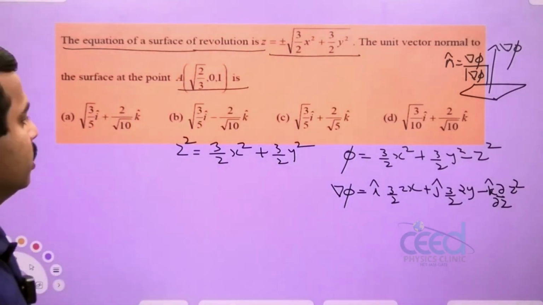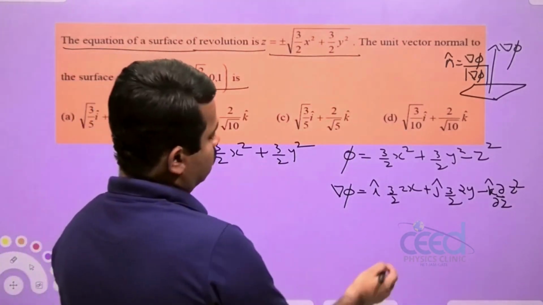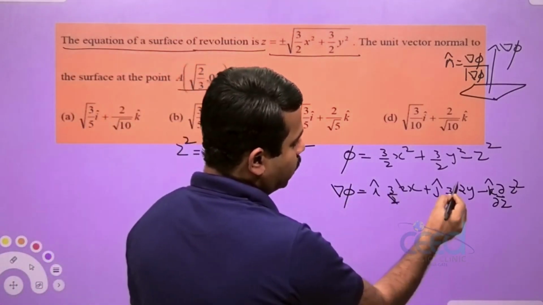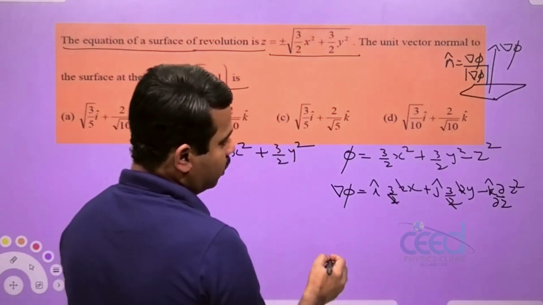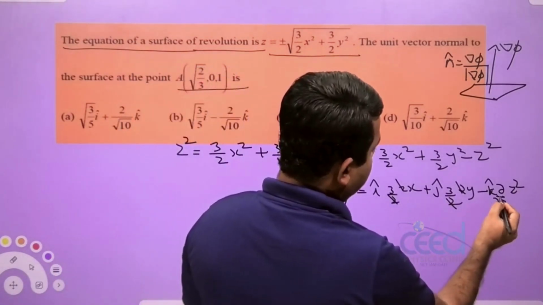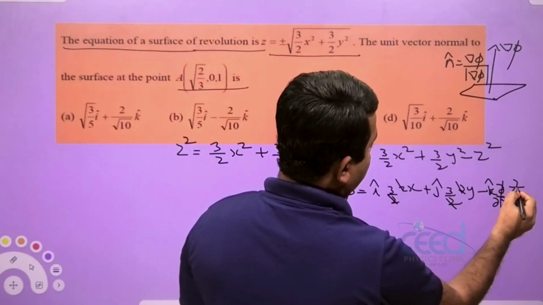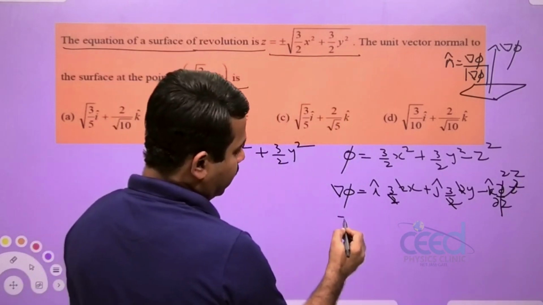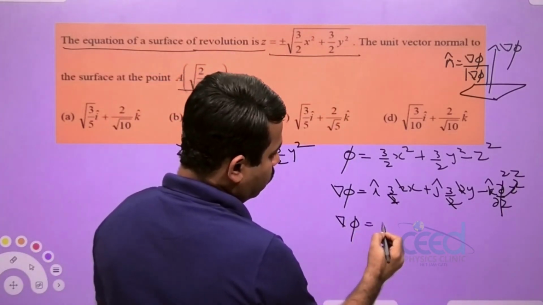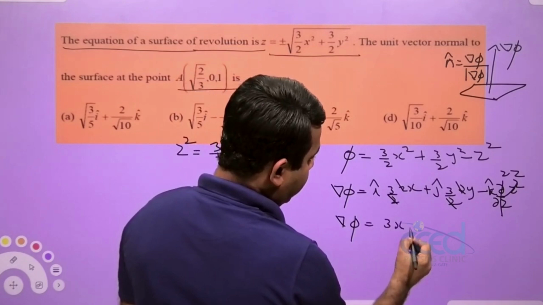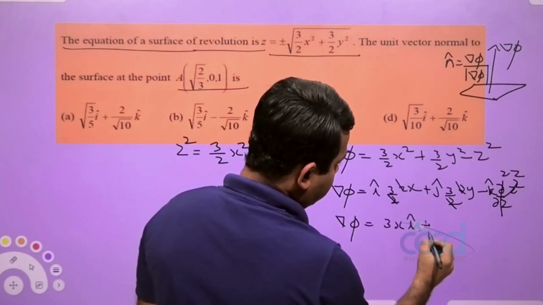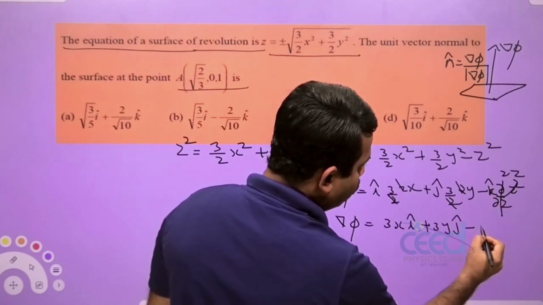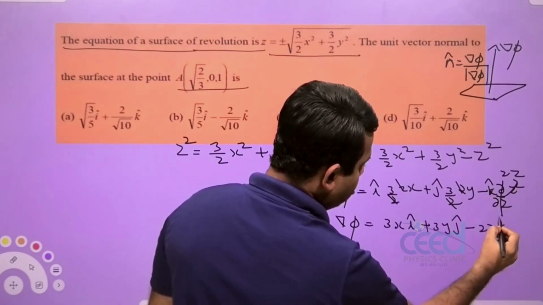Alright, this is the expression. Now substitute these values. What is gradient phi? 2 cancels, 2 cancels. Now dou by dou z of z square gives us 2z. So gradient phi is equal to 3x i cap plus 3y j cap minus 2z k cap.